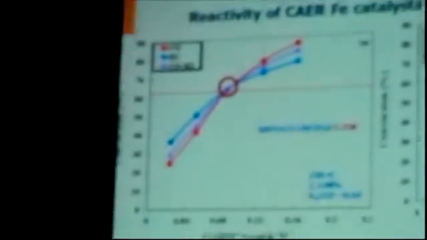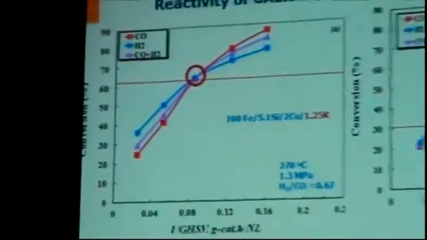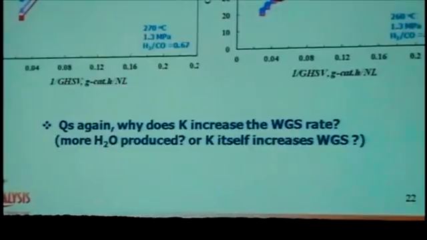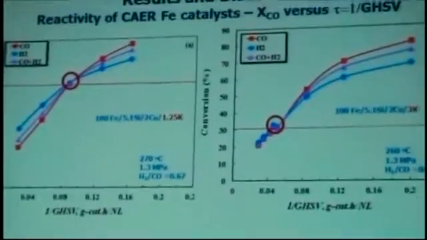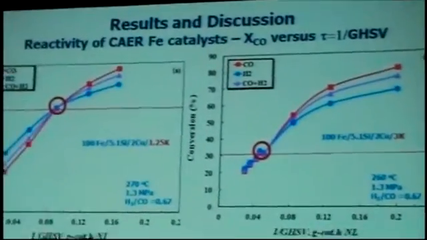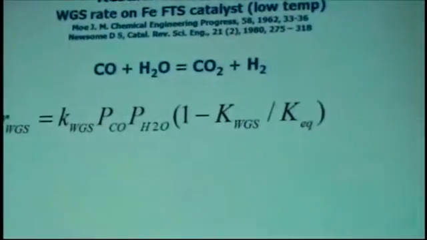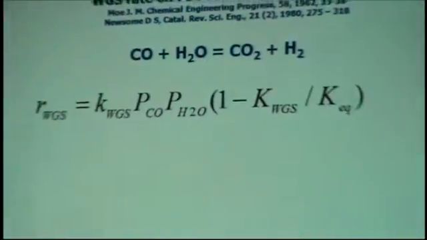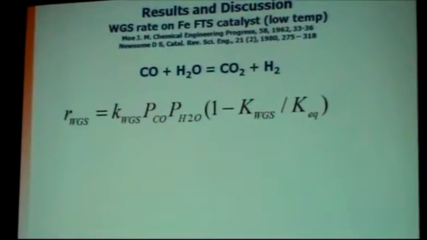Now let's go back to these two slides. The question again is why potassium significantly improved the water gas shift reaction. To understand this, we have to think a little about the kinetics of the water gas shift reaction, and this is the kinetic rate for the low temperature water gas shift on iron catalyst.